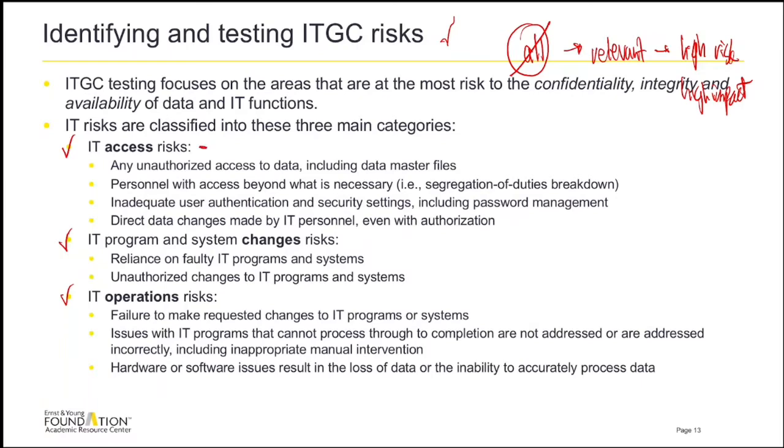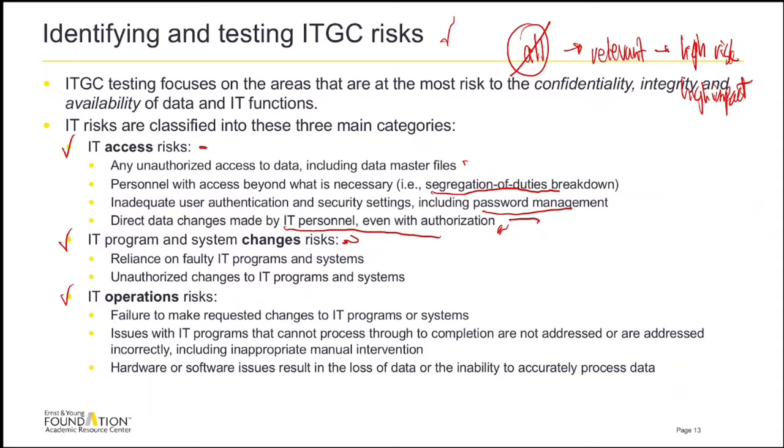So risks in IT access: any unauthorized access to data, including master data files; personnel with access beyond what is necessary, so it's important to know the segregation of duties breakdown; inadequate user authentication and security settings, including password management; and direct data changes made by IT personnel even with authorization, because this is practically skipping the manage change process.